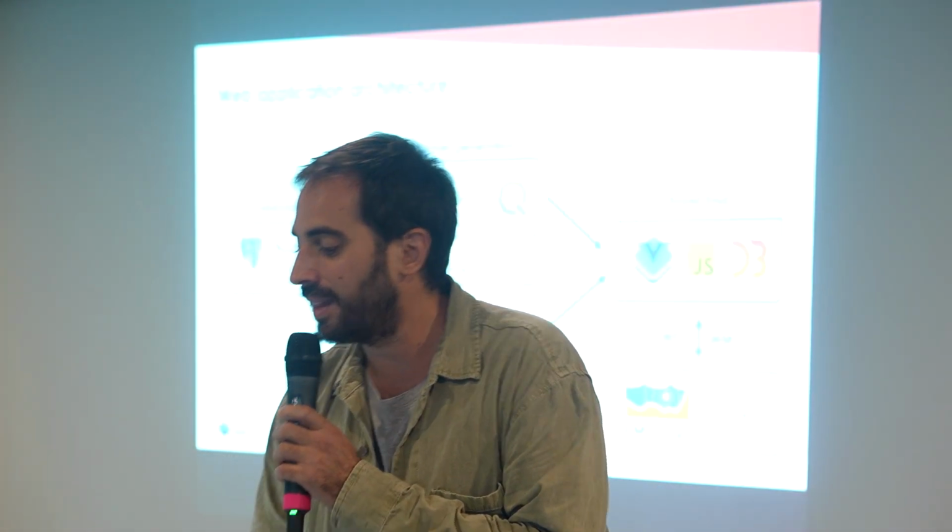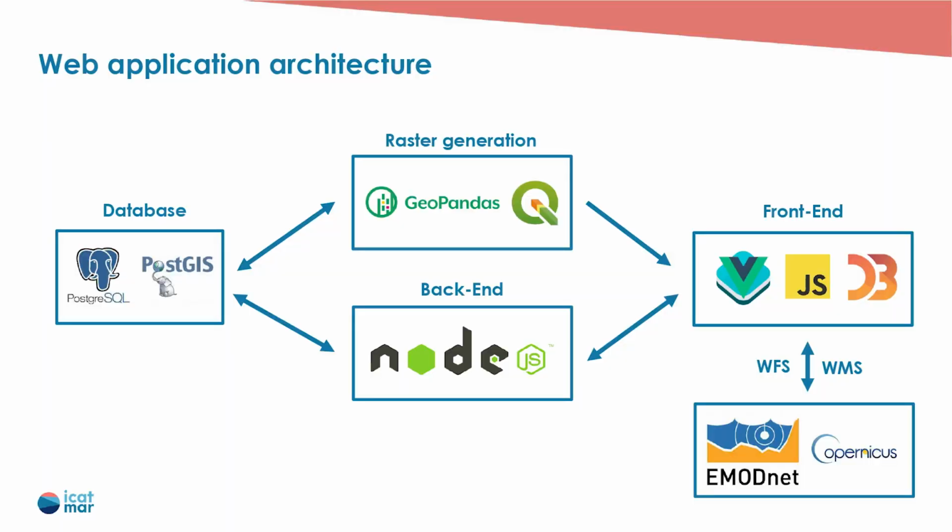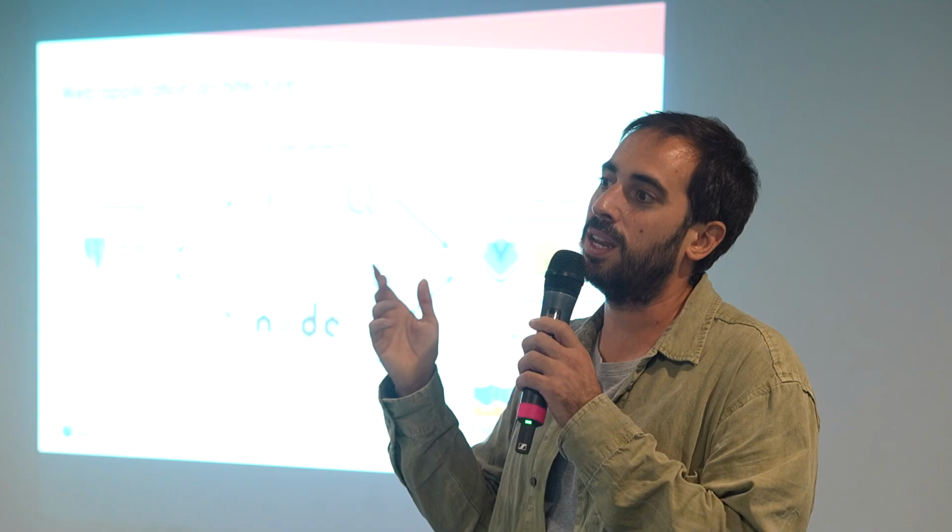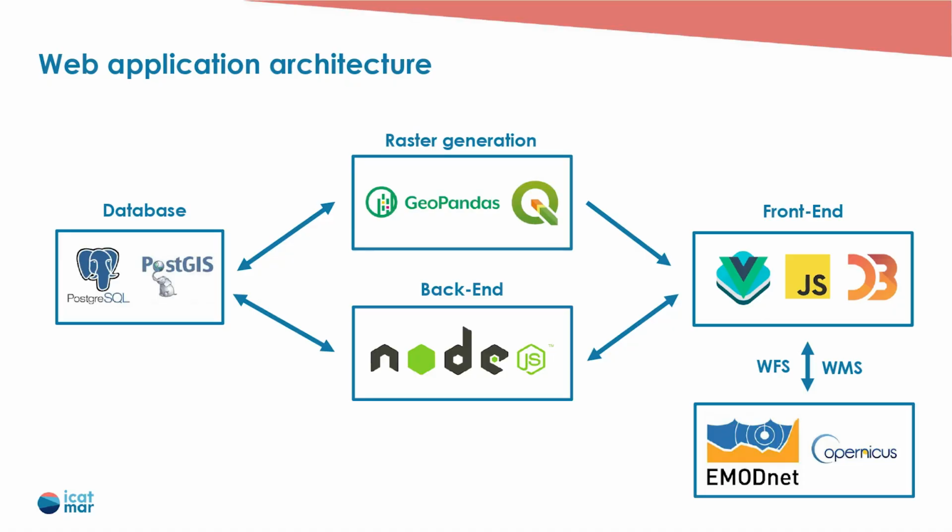So we have developed a fisheries viewer, and the architecture behind it is we have developed a backend in Node.js that is querying the database and serving data to the front end, to the visualization part. The front end is mostly developed in Vue, JavaScript, OpenLayers and D3 for the maps and charts.